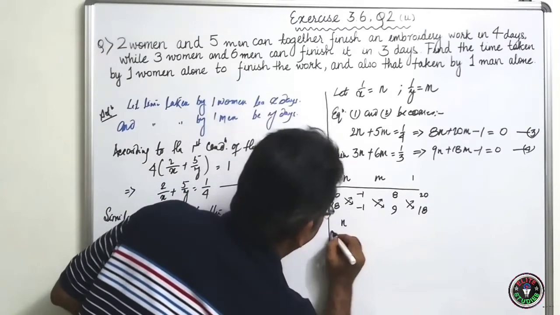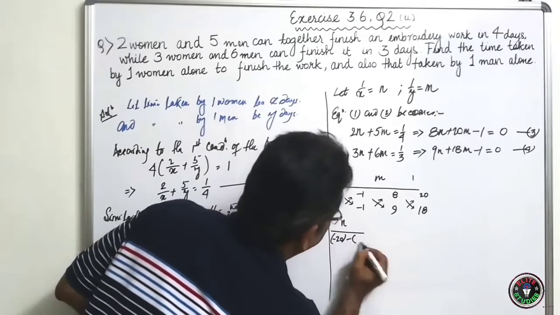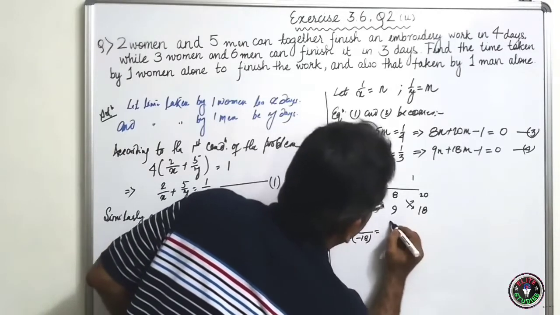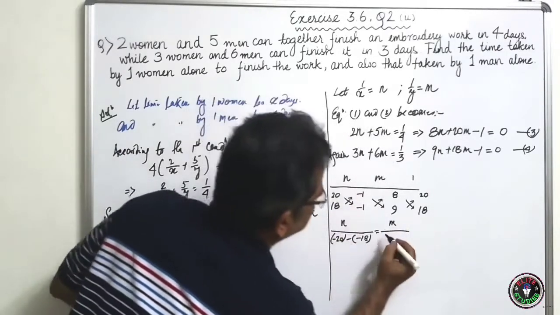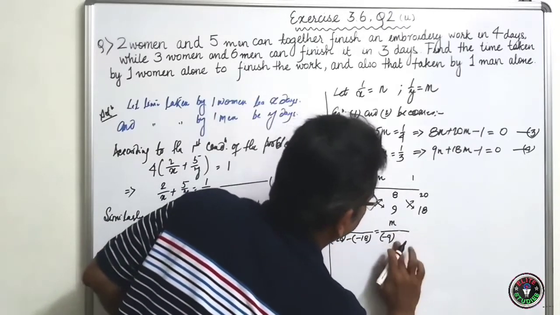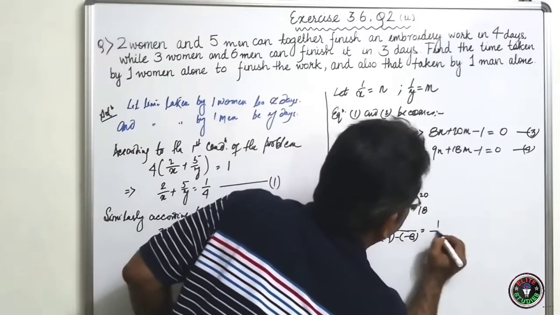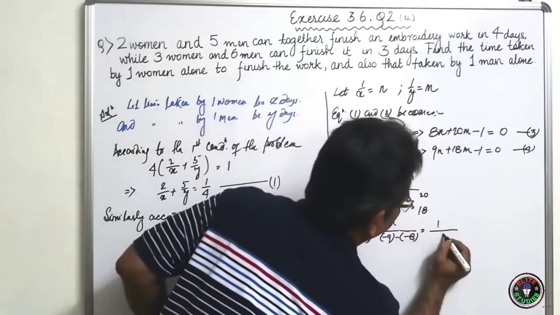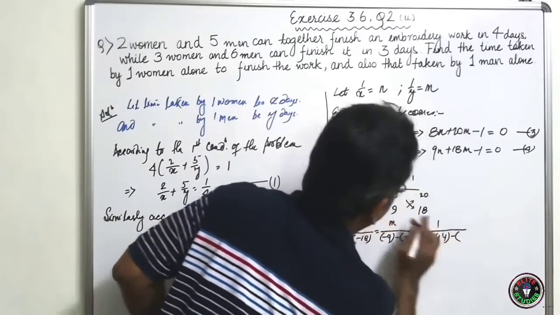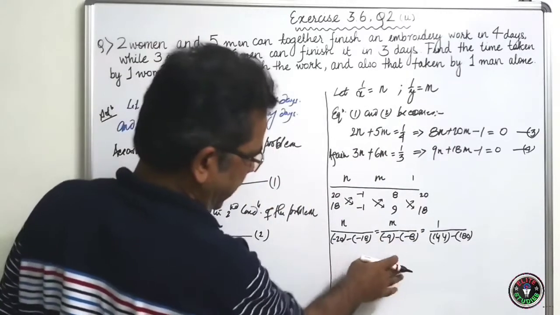So it will be n by 20 into minus 1 minus 18 into minus 1, which is equal to m by minus 9 minus of minus 8, sorry, minus 8 minus 9, is equal to 1 by 8 into 9 is 72, and 8 into 1 is 8, 16 and 20 into 9 is 180... So do like this as I have done.